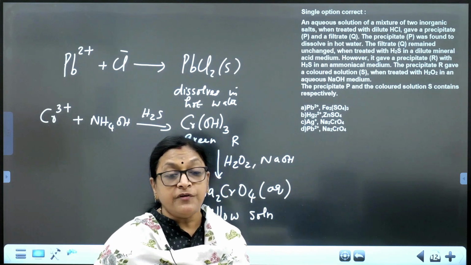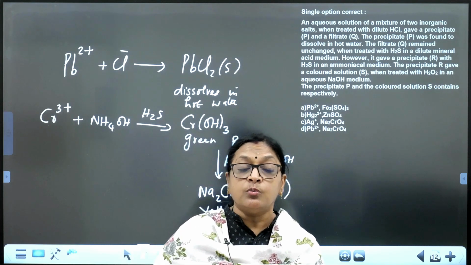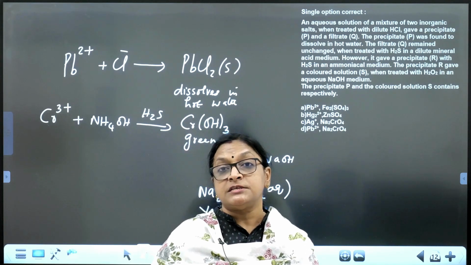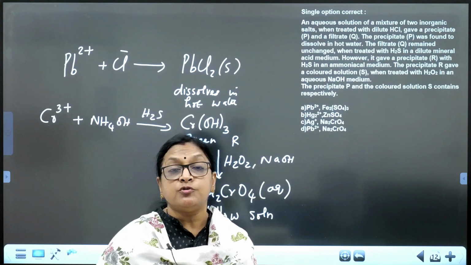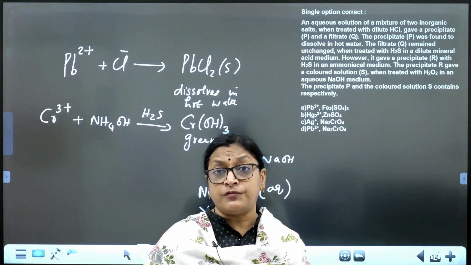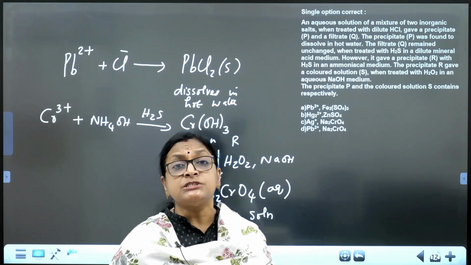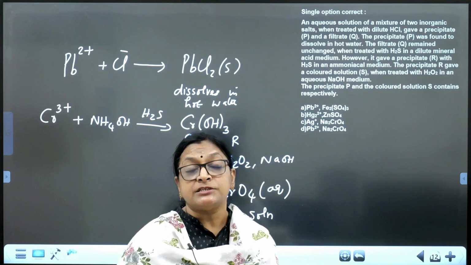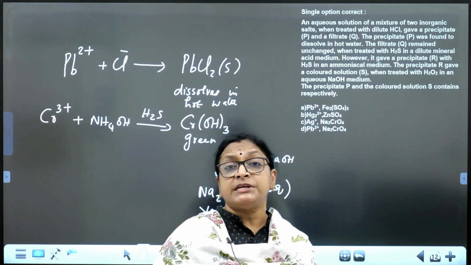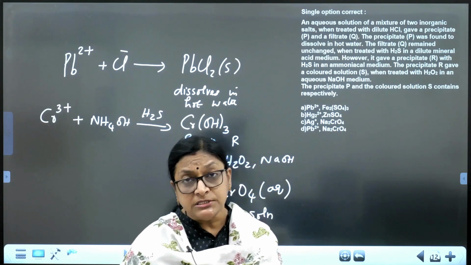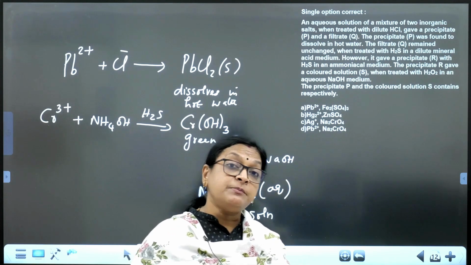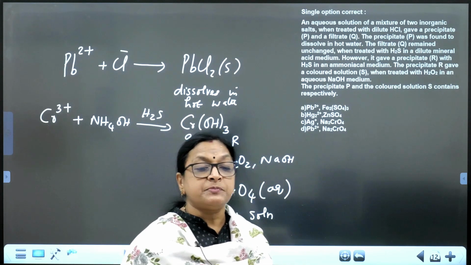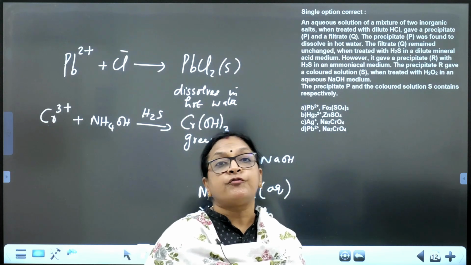To begin with, PbCl2, water insoluble, dissolves in hot water, which gave us the conclusion that Pb2+ must be a cation in one of the inorganic salts. The next clue says it must be a cation which is precipitated with ammoniacal H2S, which is oxidizable by H2O2 in alkaline medium, and that product is a colorful product, it is said.